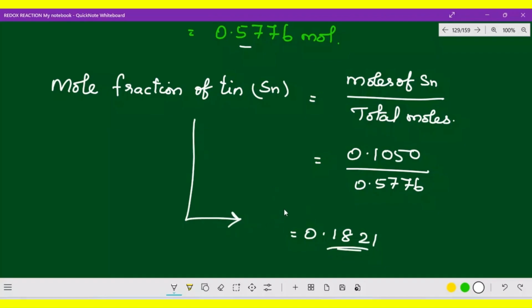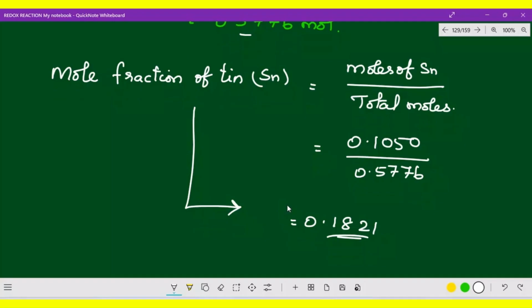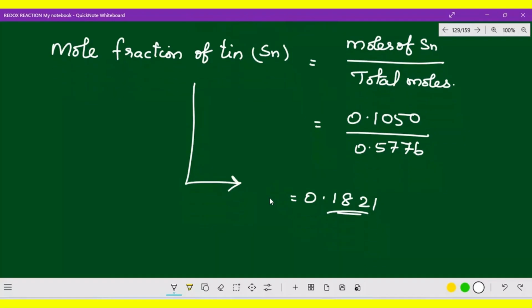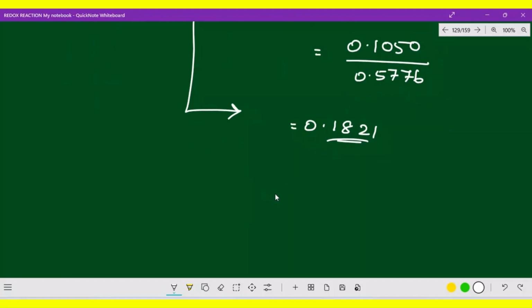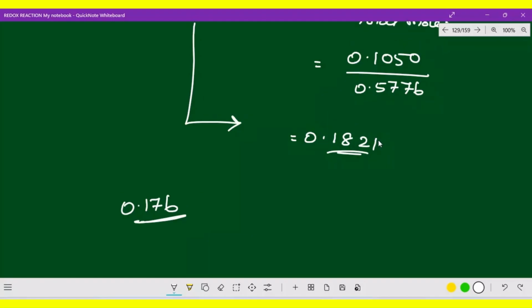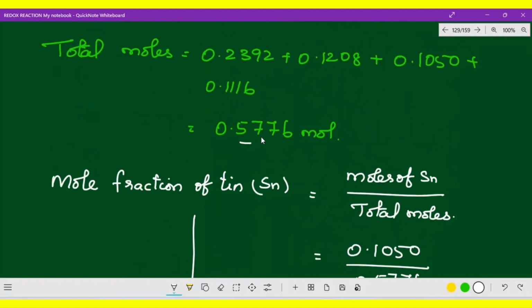Is that the mole fraction of tin? So everything you will get combined together, you will get the answer 1 only. But in this question, according to Narendra Avasthi sir's question, the option answer is 0.176 mole fraction. But generally, this is the correct answer. So which is nearer to that, we can take it. When you calculate, you will get this only.